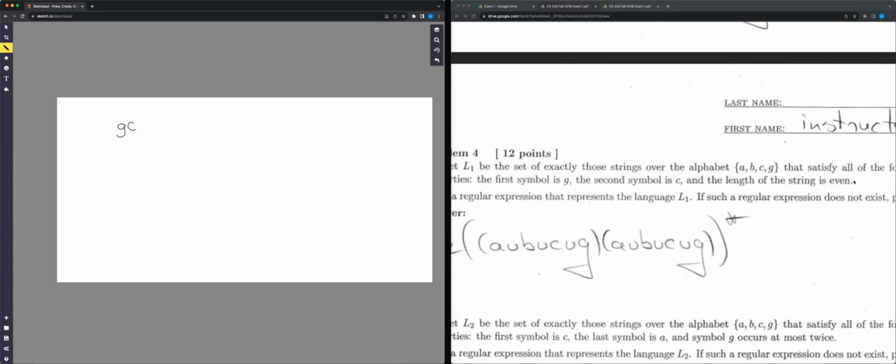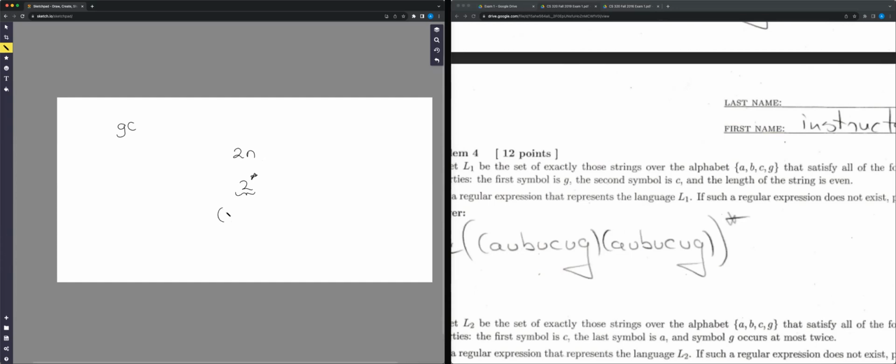And then how do we always make it even? How do you represent an even number? It's 2n, and this n can be any non-negative integer, any natural number. Which means this is kind of like 2 star. And then how do I get to any two characters?